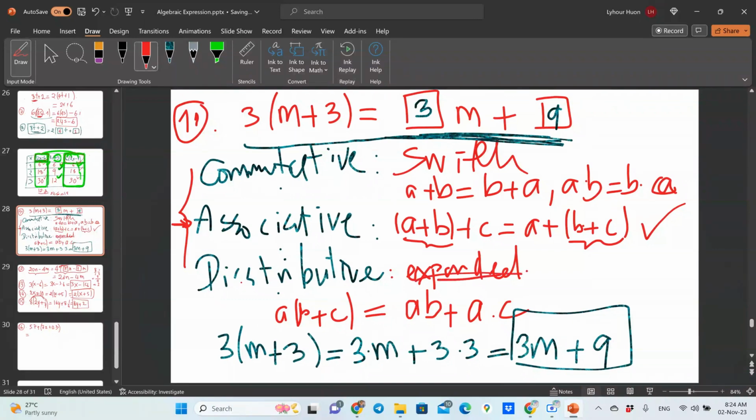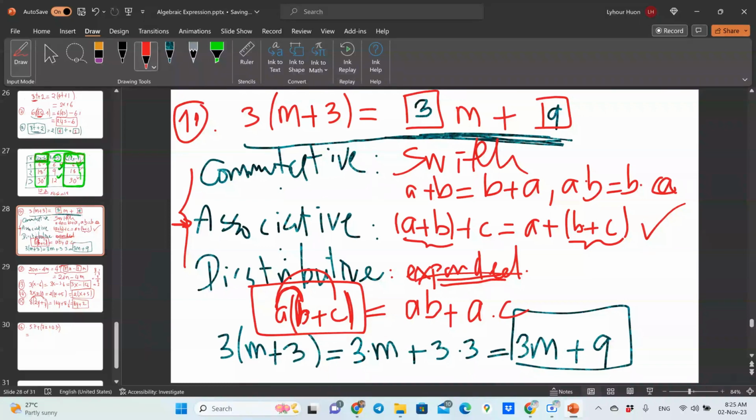We distribute into each number inside the parentheses. For example, when it has multiplication a times b plus c, we distribute a into b and a into c. That is distributive.